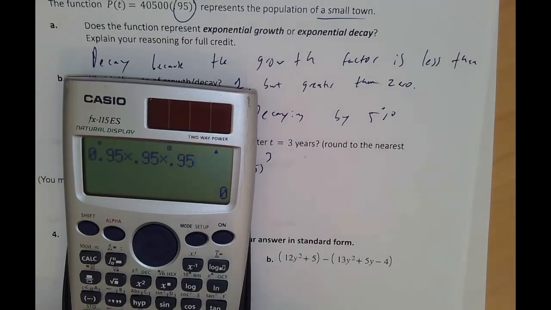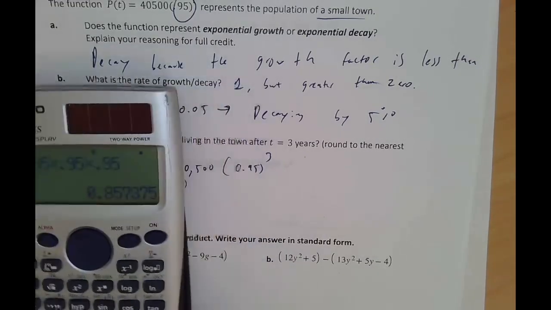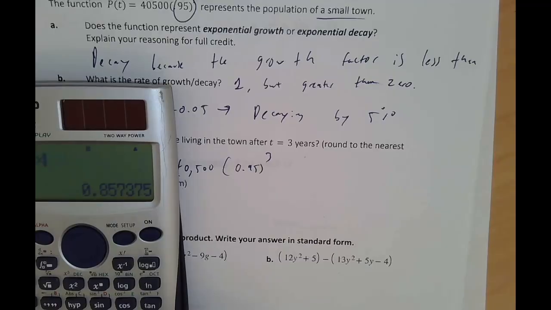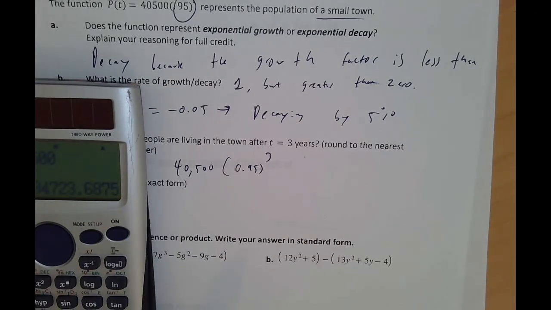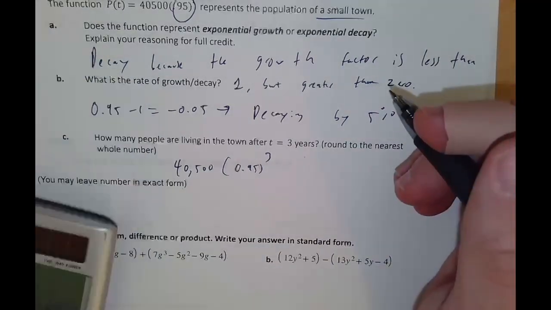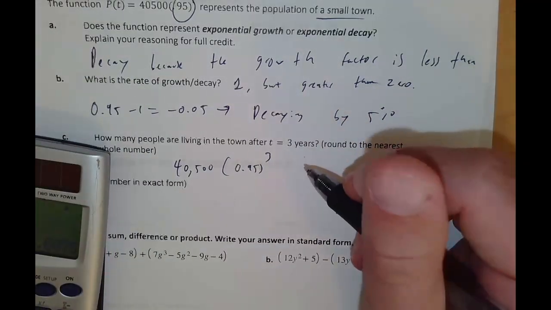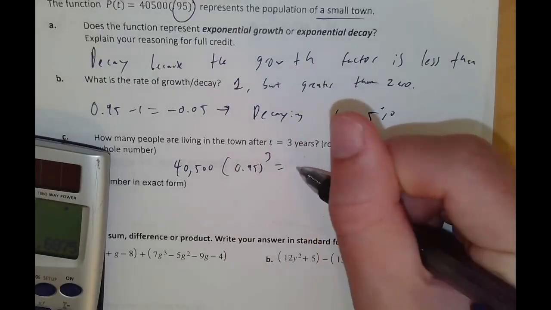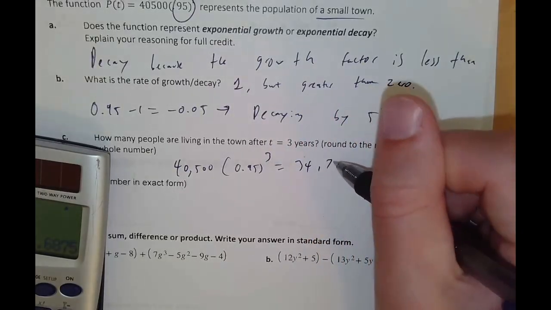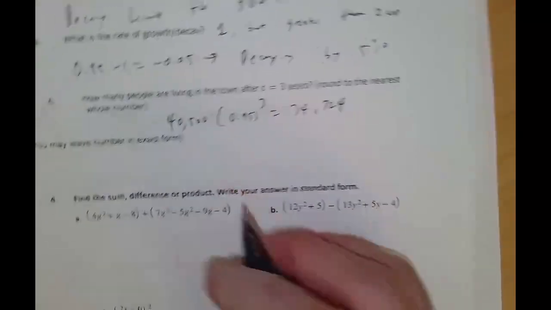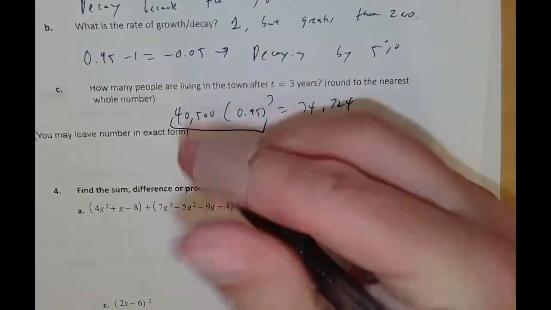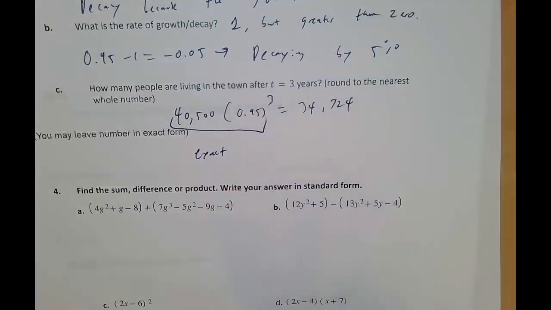I'm just doing it written out because you might have a basic calculator, and then we're going to multiply that by 40,500. To the nearest whole number, that would be 34,724. And this would be exact form, and I'm okay if you leave it like that.